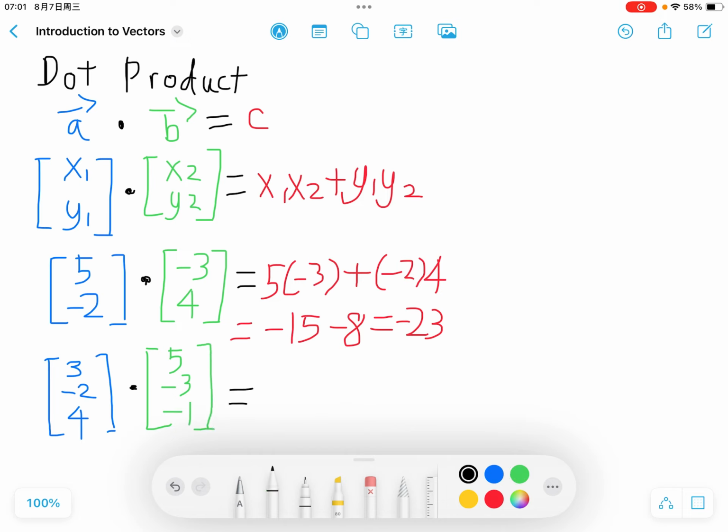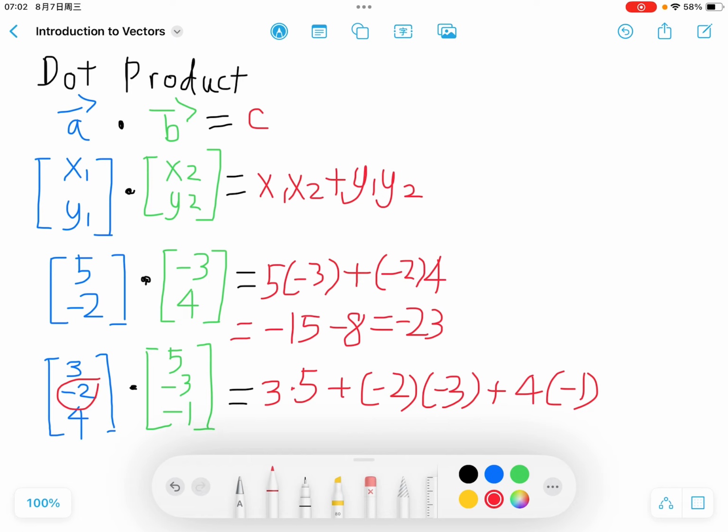Okay, so our answer is going to be equal to, so we still multiply the x components. We have 3 times 5, and then we also have the y components, negative 2 times negative 3. We also have the z components, 4 times negative 1. So essentially you still take every component that corresponds, you multiply them together, you add them to other components corresponding, multiplied together.